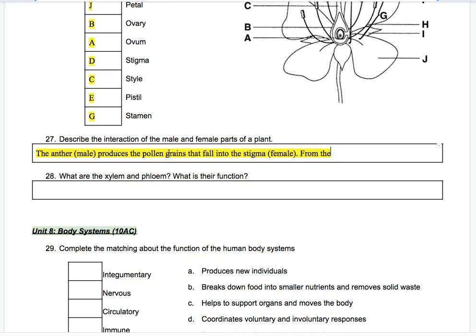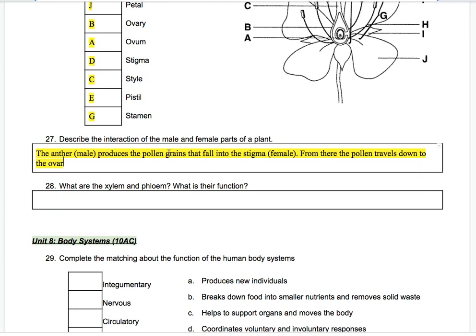From there, the pollen travels down through the style to the ovary, which is another female part, to produce the seeds, and it can also develop into fruit. So that's how the reproductive system of a plant works.